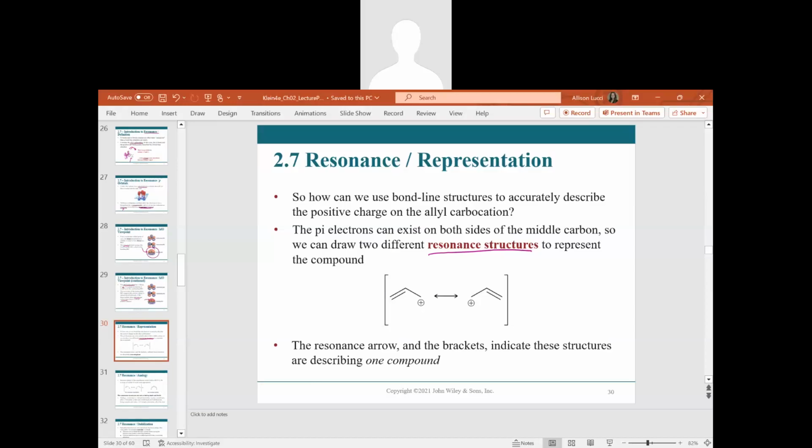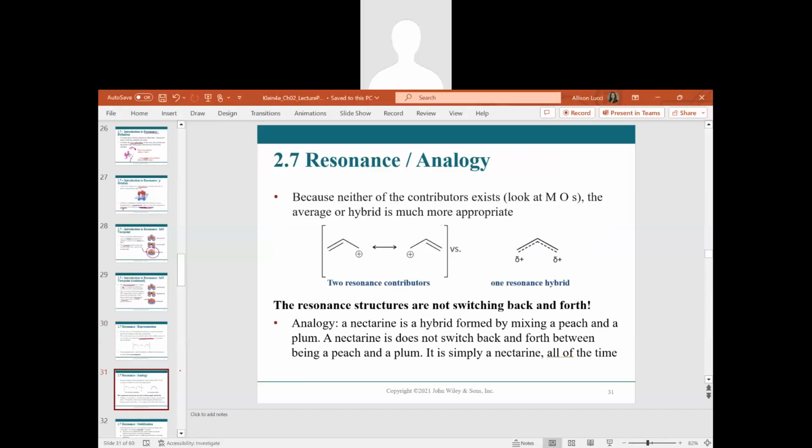We can draw it in this way as a resonance structure, or we can draw what's referred to as a hybrid. This shows that the double bond, that pi bond, those pi electrons are evenly distributed amongst the whole molecule.